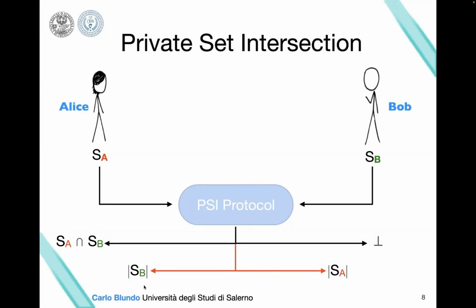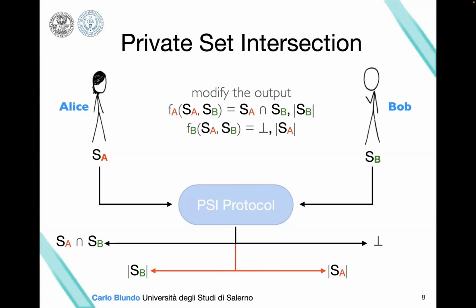Alice will learn the number of elements in Bob's set, and as well Bob will learn something more than nothing. He will learn the number of elements in Alice's set. So we can modify the output. We can say that the function learned by Alice is the intersection plus the size of Bob's set, and what is learned by Bob is just the size of Alice's set.